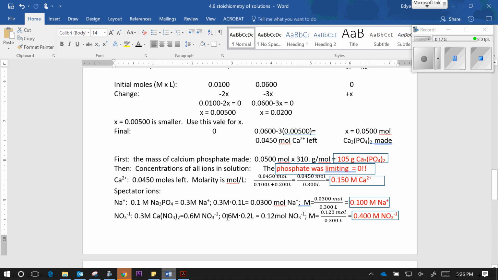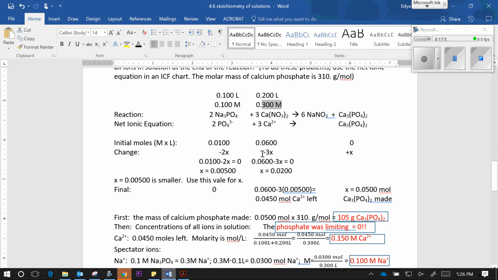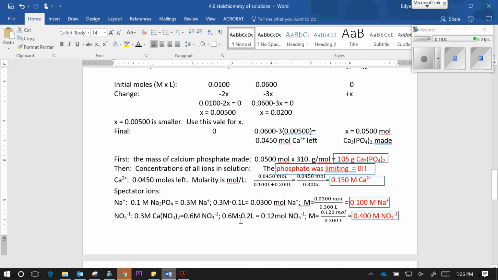Molarity times the volume gives me my moles, and I have my liters, my volume, right there. So 0.6 molar times 0.2 liters is 0.12 moles. And then I divide by my total volume to get the molarity in the big solution of my nitrate ions.